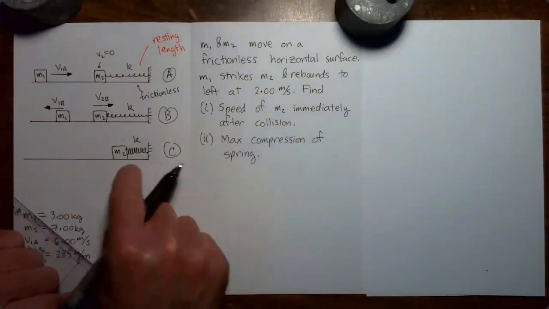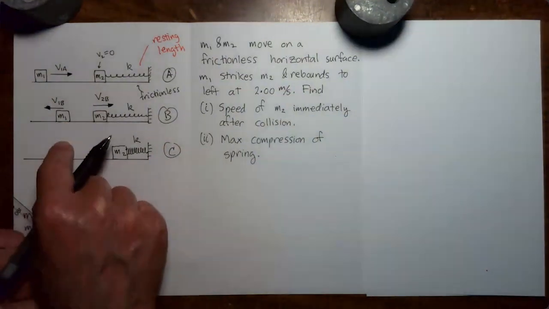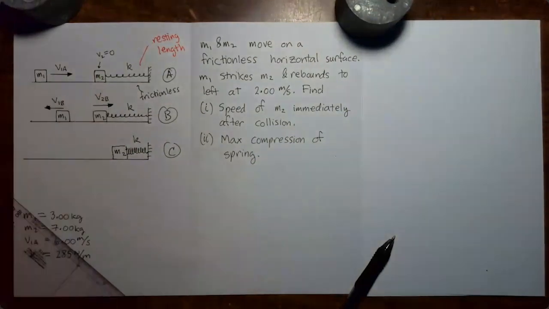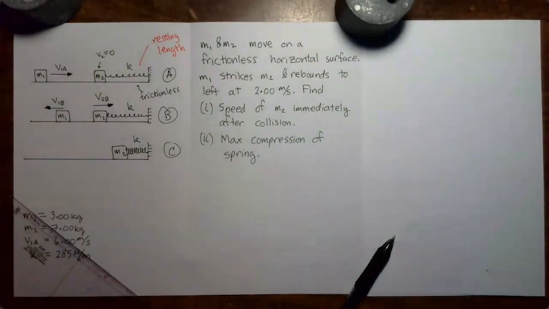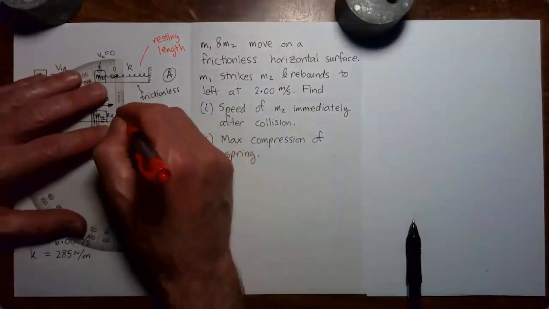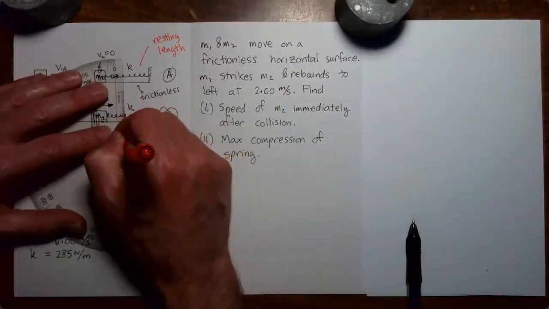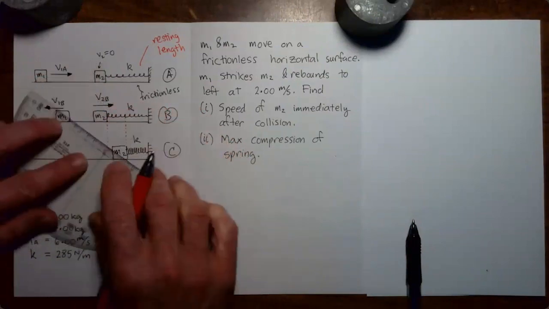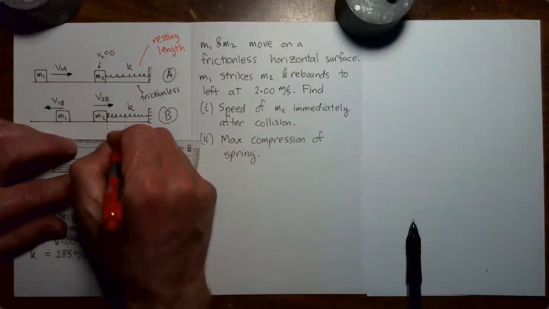Now in situation C, I'm not going to even bother to draw mass 1. Mass 1 already did its job, and then after the collision, mass 1 just keeps moving to the left. We don't care about it anymore. Actually, let me also go into the figure and indicate the compression of the spring. Let's call that compression x.